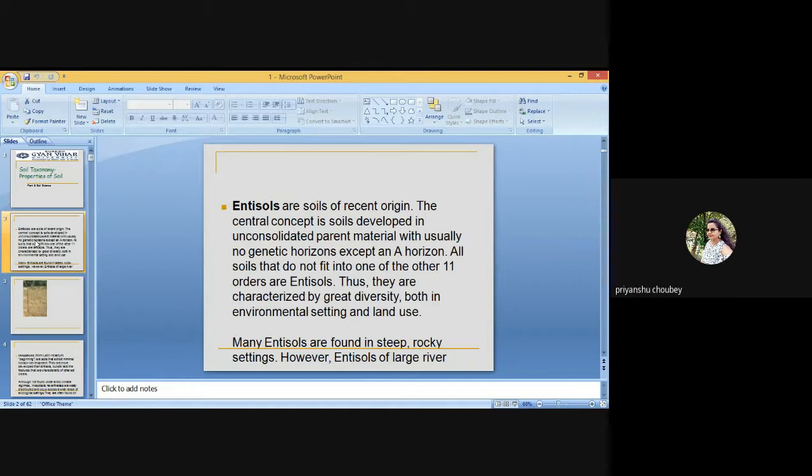It is most useful for making land use plans of small areas and is named after the place where it was first recognized. With a connecting O for Greek or I for Latin, this formative element is used as an ending for all suborders, great groups and subgroups and families within an order.